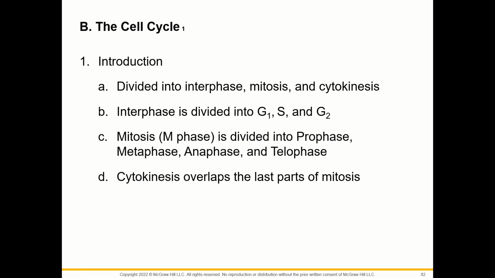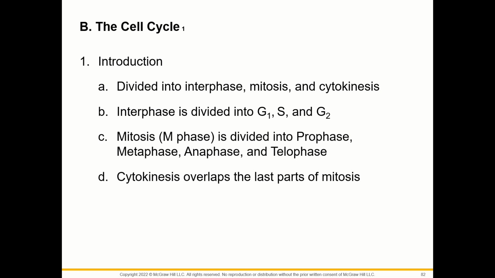So mitosis is going to be cell division, and it's nuclear division. And so mitosis is divided into prophase, metaphase, anaphase, and telophase. So this is when the nucleus is actually going to divide.